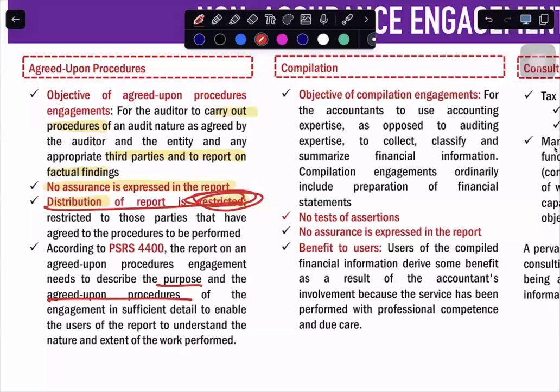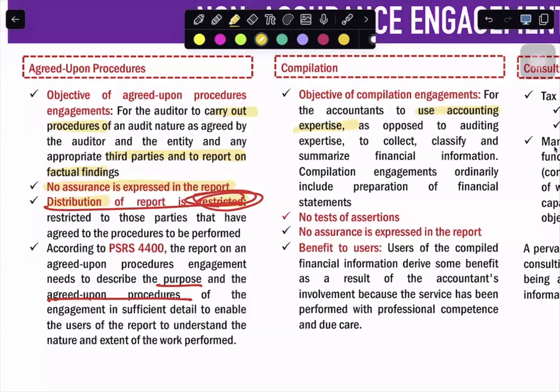Next, compilation. Under compilation, the objective of a compilation is to use accounting expertise as opposed to auditing expertise to collect, classify, and summarize financial information. So normally, you create only financial statements or you create a report out of the records of the company.